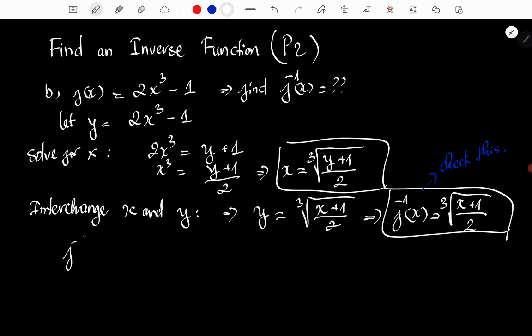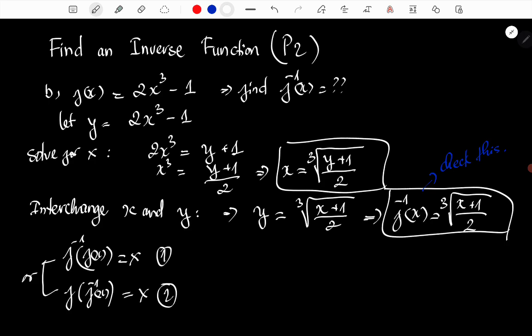We need to check whether the inverse function of f(x) is equal to x, or f of the inverse function of x is equal to x. Either way, we can choose one method. So I'm going to choose the first one. We need to find the inverse function of f(x) and prove that it's equal to x.